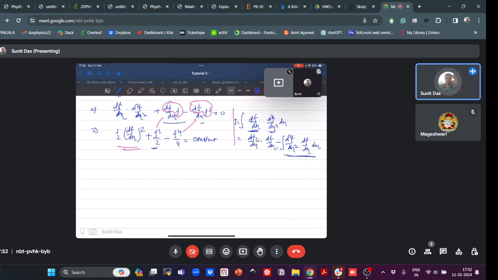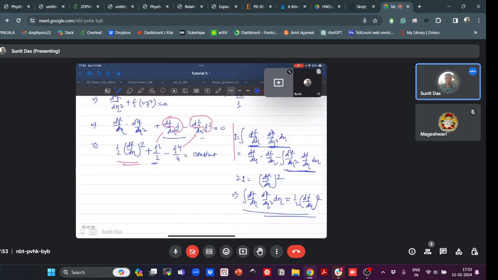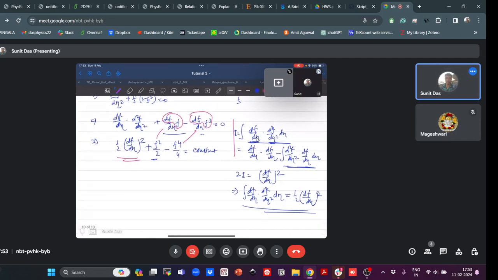So this is precisely I, right? So that means 2I equal to (df/dη)². So it gives me df/dη d²f/dη², integration with respect to η is half of (df/dη)², right? So this is the proof. We have essentially done in this line integrate with respect to η.